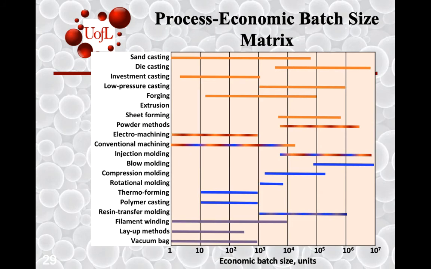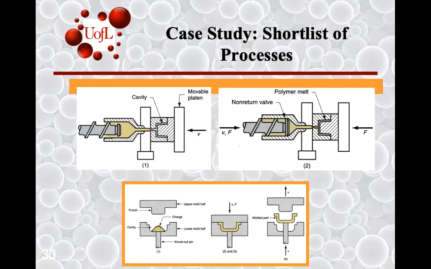Batch size now becomes an important issue, and we are looking at, again, let's say 100,000 pieces. You begin to see that many of the options fall off, including polymer casting, and you're basically stuck with a couple of options for the specific shape, in terms of injection molding and compression molding.